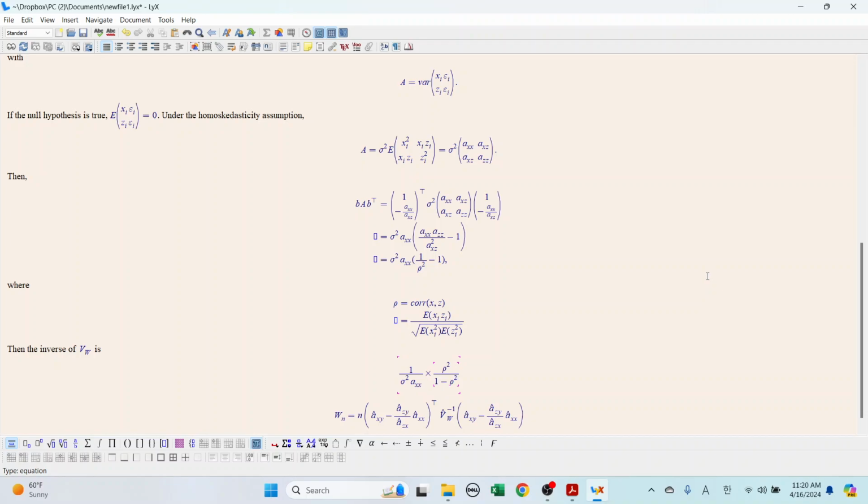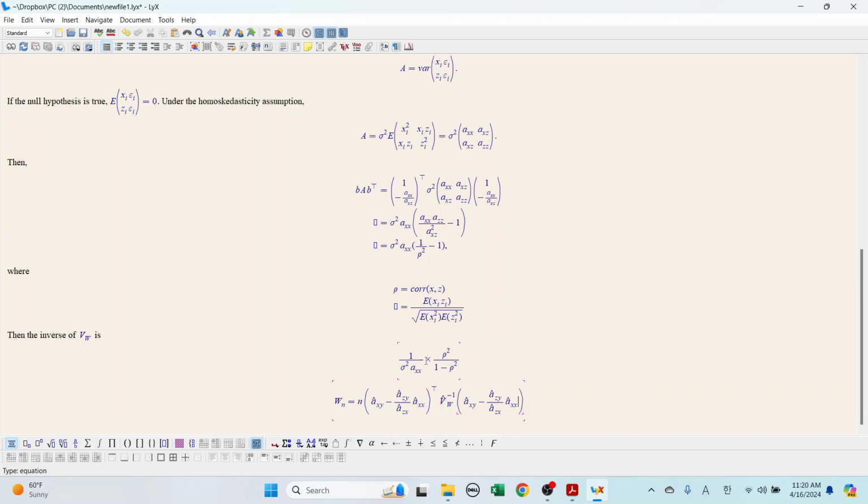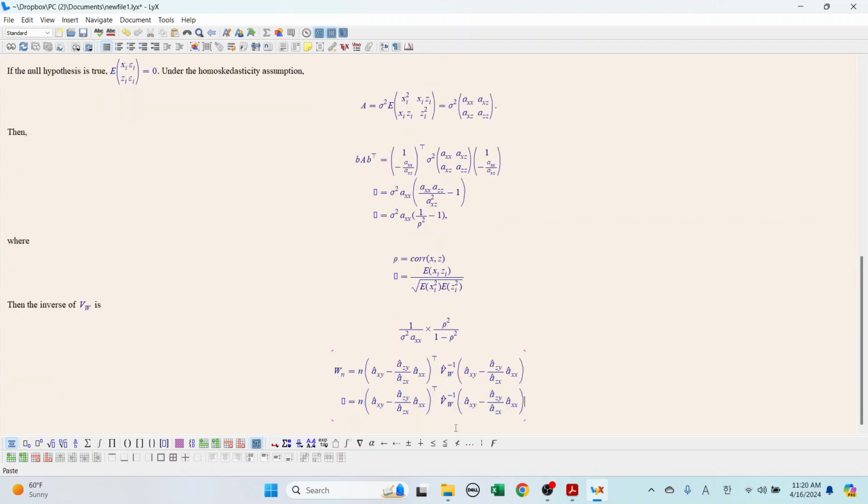Okay, you can simplify maybe this one even more, but not a big problem. Then plug this back into our formula, N times, here replacing the inverse with this guy.